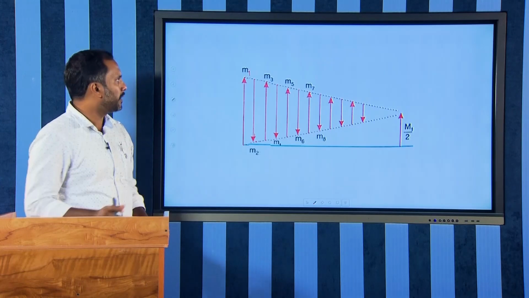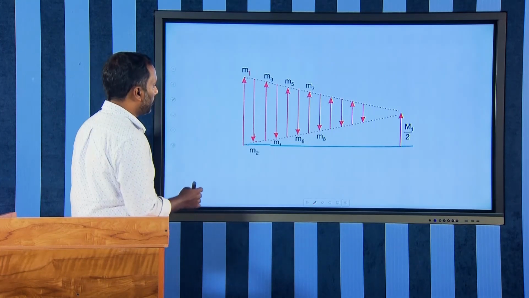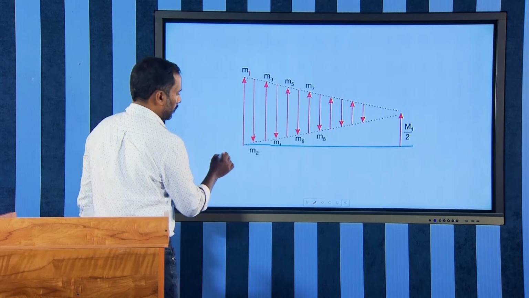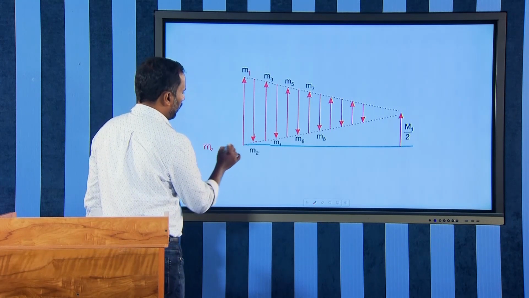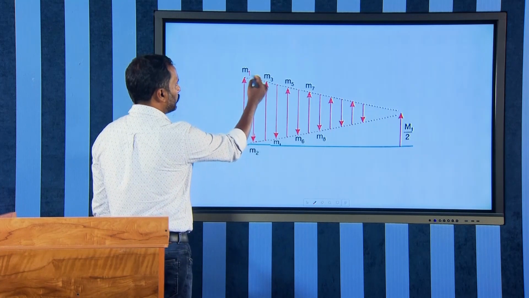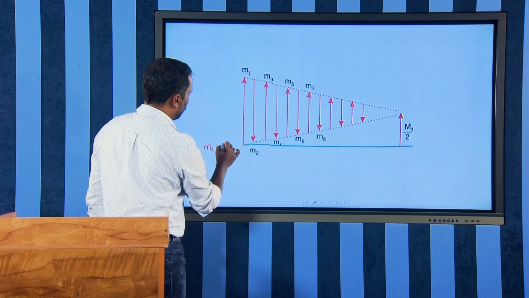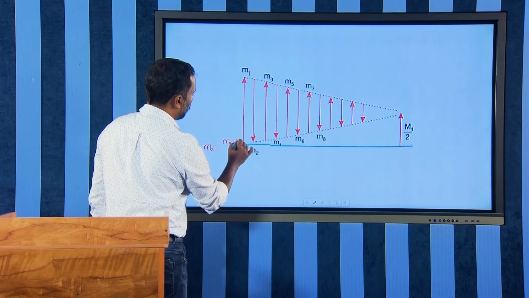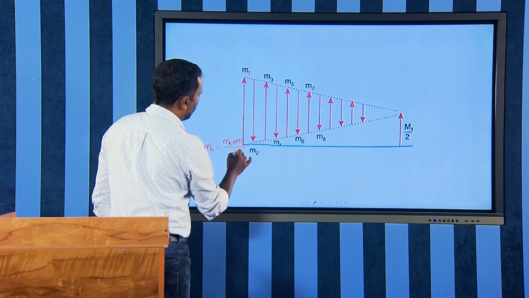As the amplitudes are gradually decreasing, M2 is approximately the average of M1 and M3. So you can say M2 is equal to (M1 plus M3) divided by 2.